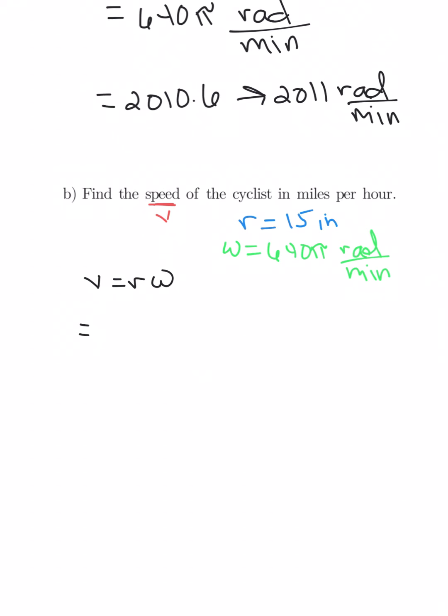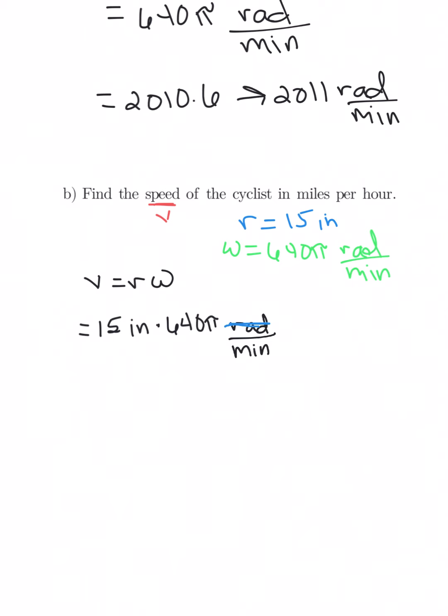Our r is 15 inches. So we're going to have 15 inches times 640 pi radians per minute. Well, as soon as we have a unit of length, radians is gone.